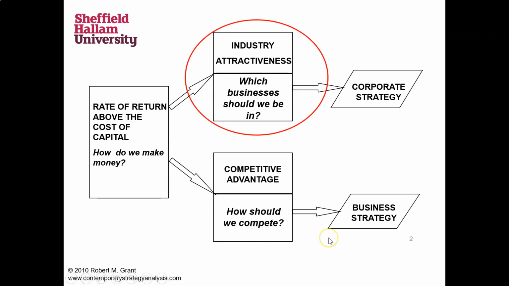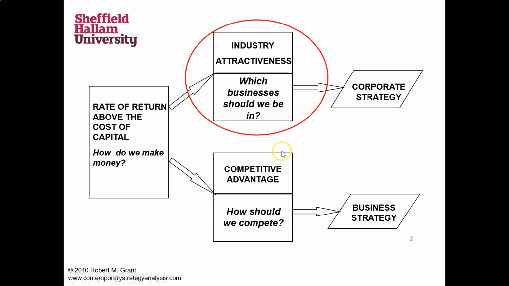So the first thing to be aware of is that we looked at this diagram a couple of weeks ago in week 8, and at that time our focus was down at the bottom here.